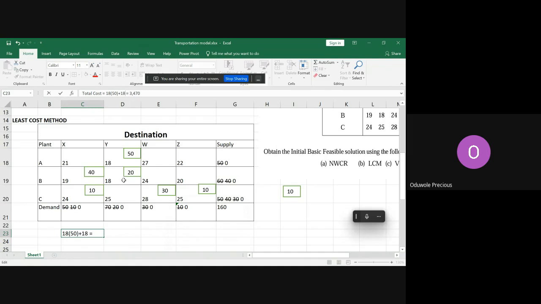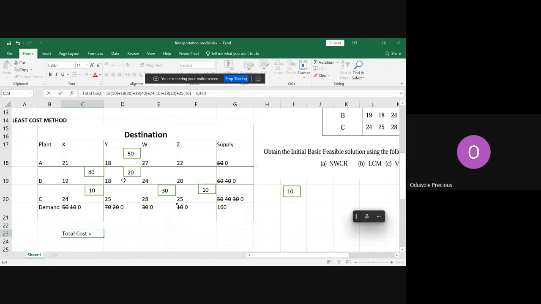That's 18 times 20 also, plus 19 times 40, plus 24 times 10, plus 20 times 30, plus 25 times 10.